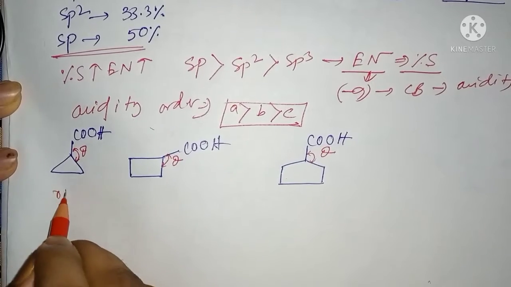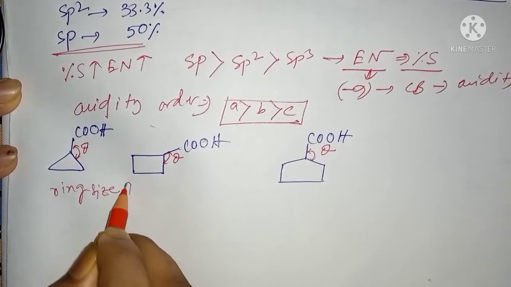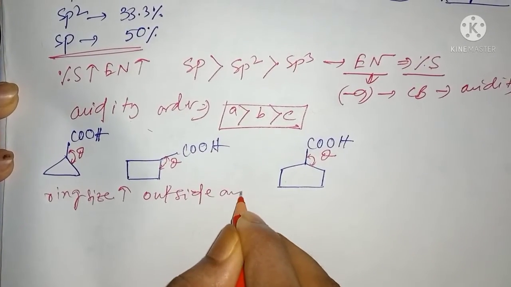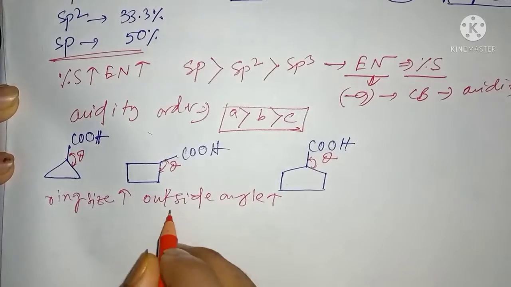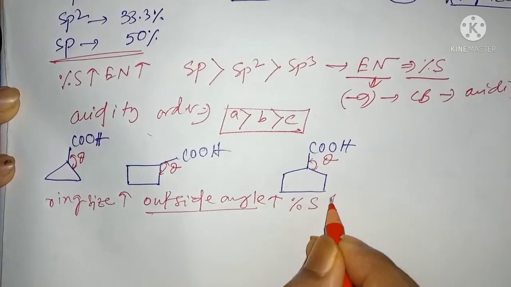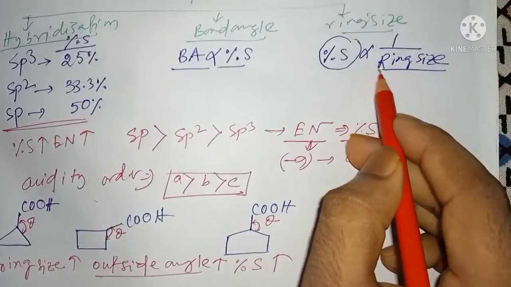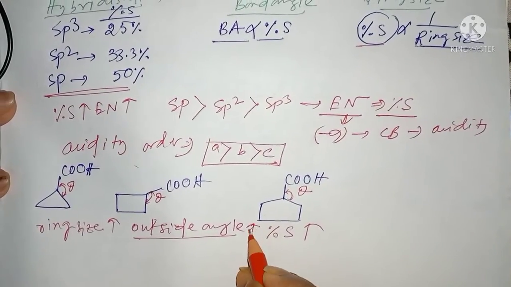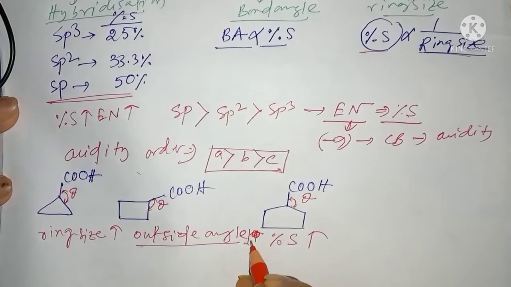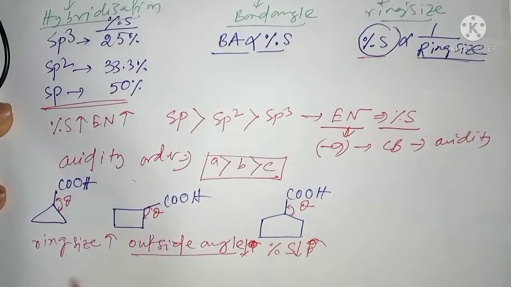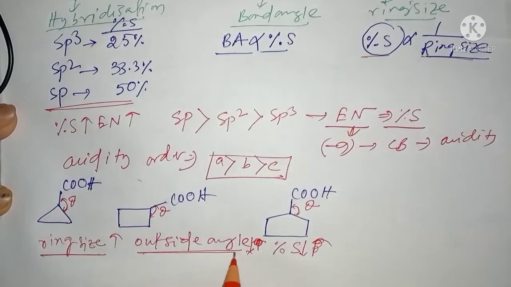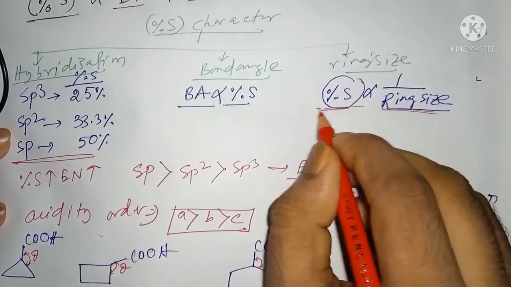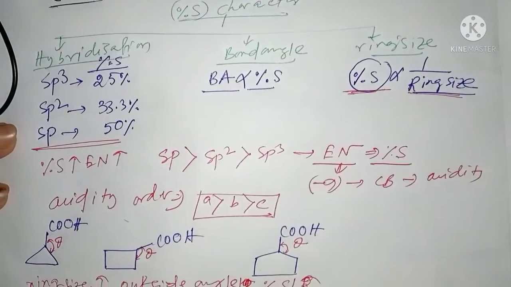Now we know as ring size increases, the outside angle increases, and angle increase means percentage of s character increases. Sorry, as ring size increases, the outside angle decreases, and percentage of s character decreases, because this is inversely proportional.